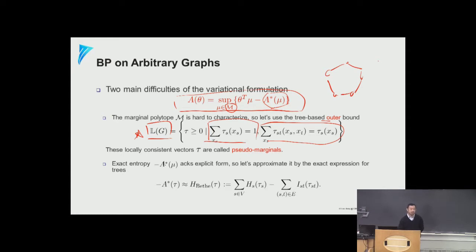Then when it's bigger, how does it look? It looks like this. Right? It is outside of that. So it is called the outer approximation to the marginal polytope. And then we still have the problem of writing down this.